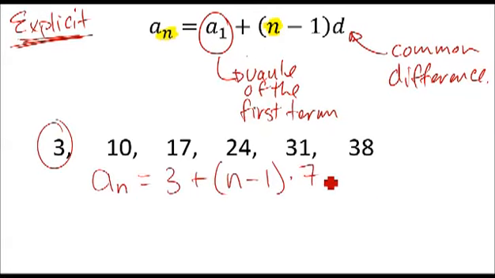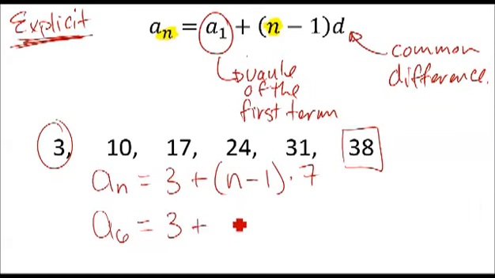So if I try to find this for the sixth term, 1, 2, 3, 4, 5, 6, this would look like this. What is the value of the sixth term of your sequence? Well, because it's an arithmetic sequence, it'll equal the value of the first term plus 6 minus 1 times 7. Again, you can see the yellow here: n.